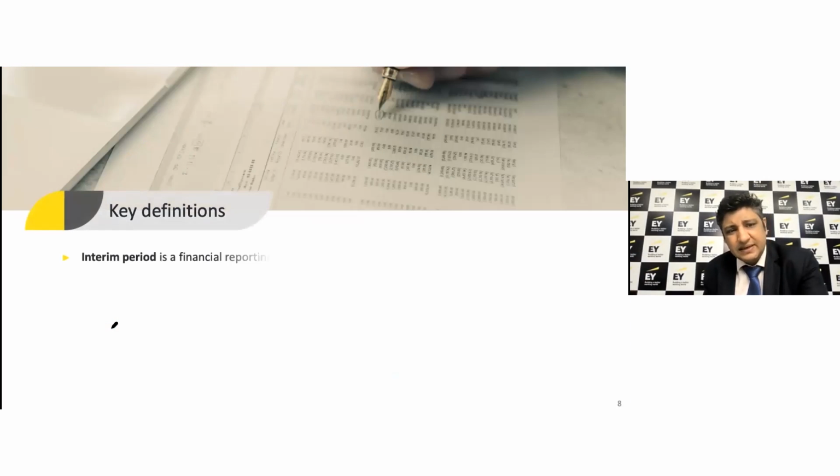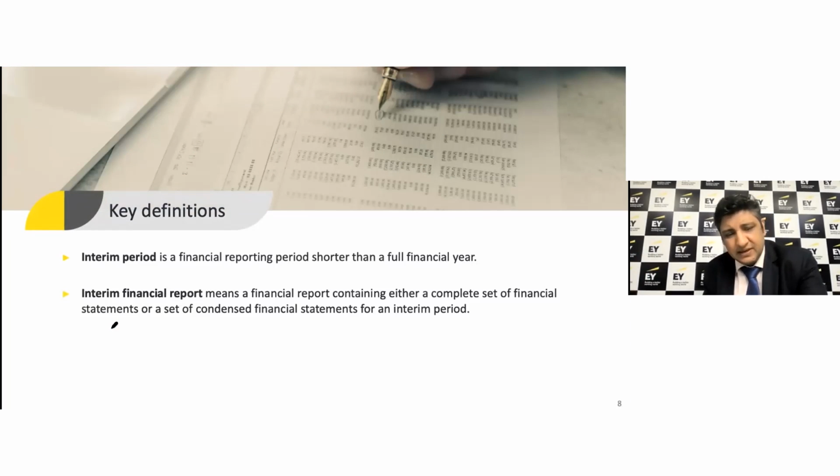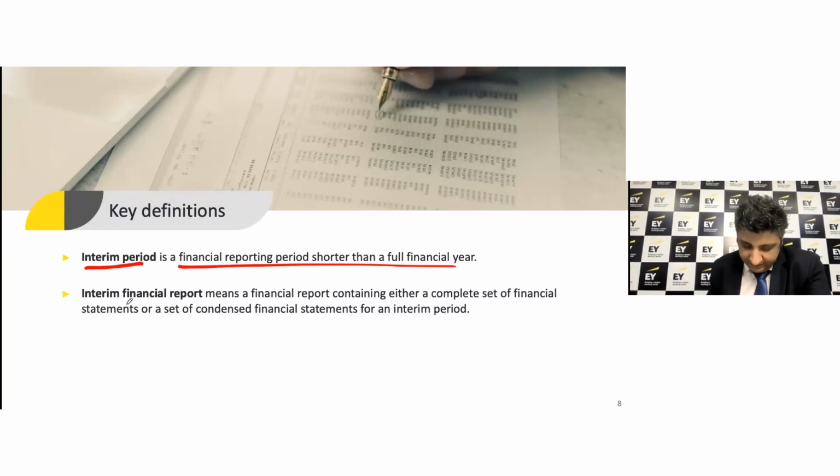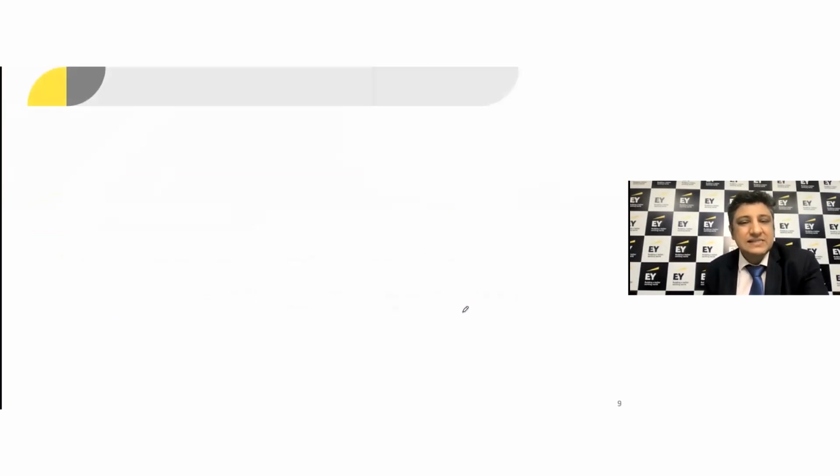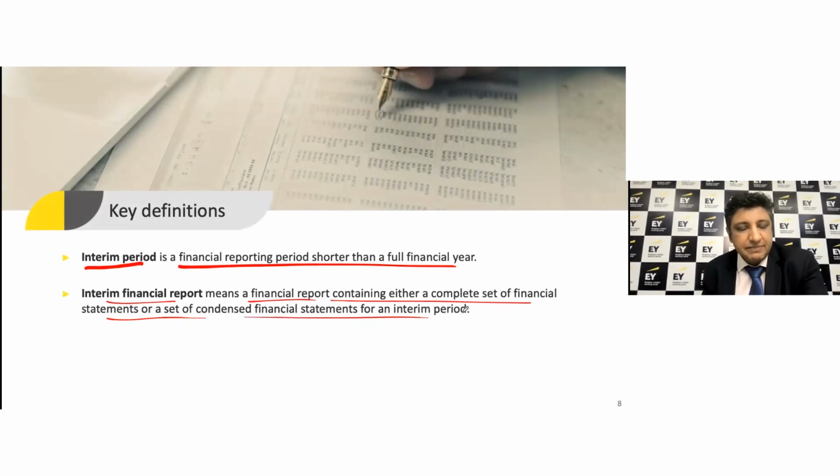Okay, right? So when you look at this entire perspective, there are specific definitions that we need to be comfortable with. Interim period is a period shorter than full accounting year or full financial year. And interim financial report means a financial report carrying either a complete set or a condensed set of financial statements for the interim period.